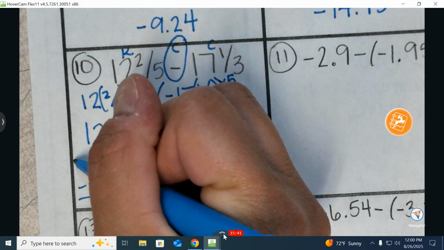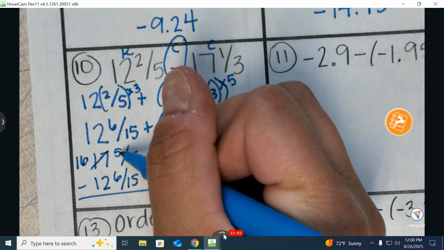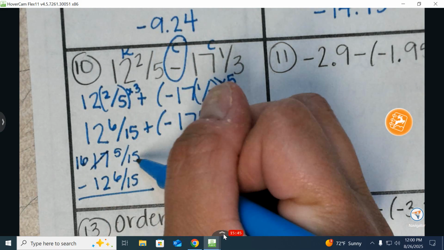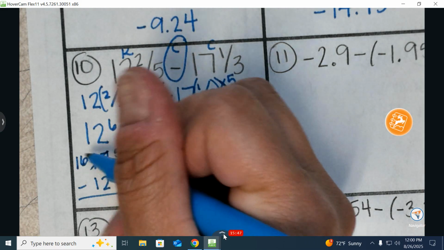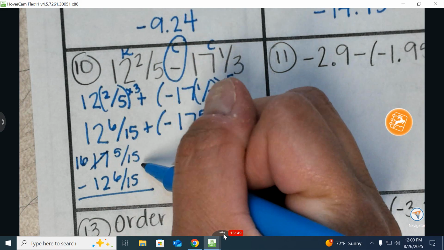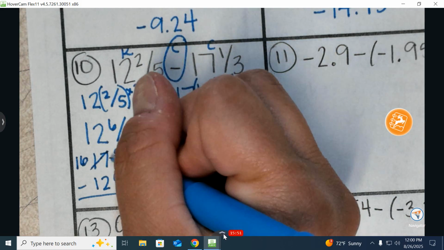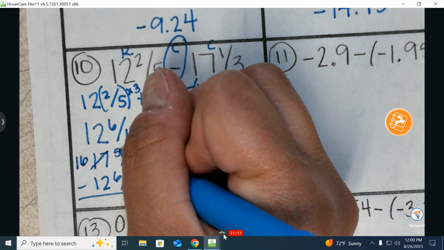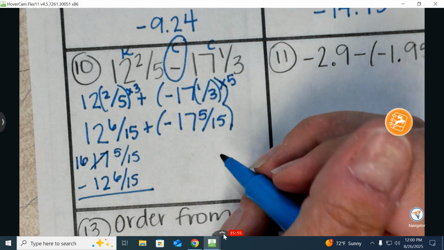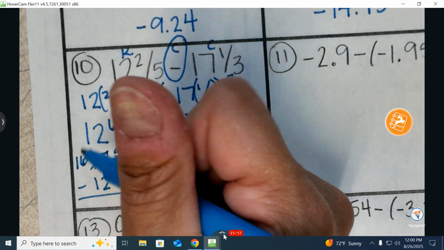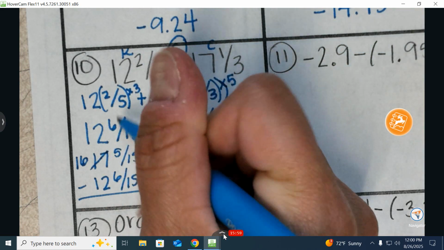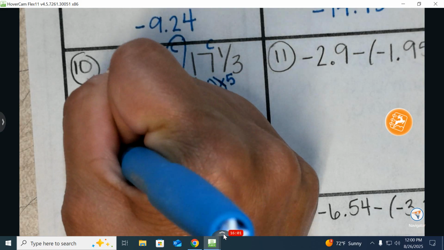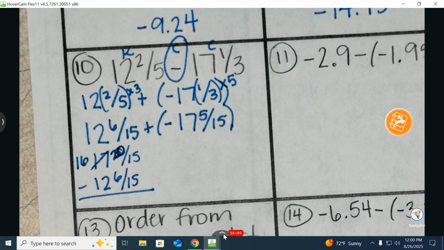This is going to become a 16, and to make it a whole, because it still has to equal 17, it would be 15/15. But I have 5 extra, so I have to keep those also. So 15 plus the 5 would be 20/15. Now it still equals the same, and I can subtract it.